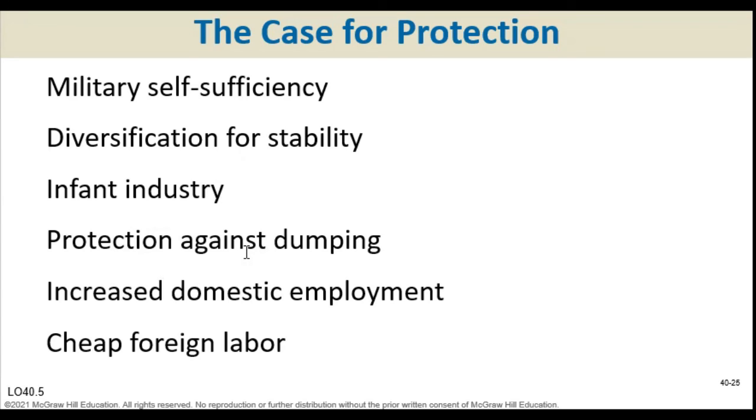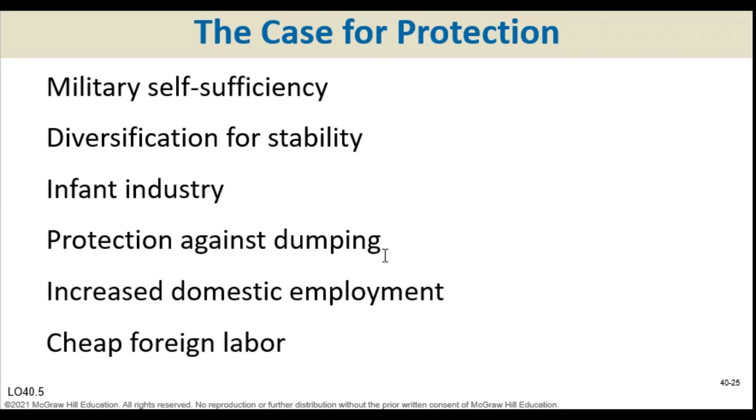Dumping is a big problem, and dumping happens when a foreign firm deliberately sells a good below its cost in an attempt to drive the domestic industry out of business.